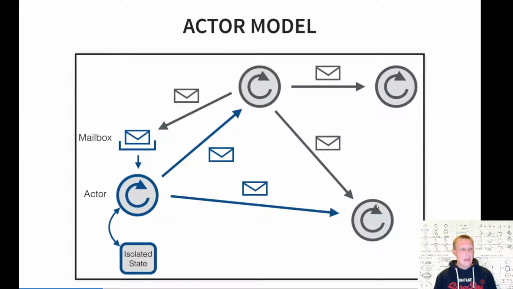Each of these twirly things here are actors, and an actor can send a message to a mailbox, and then another actor will sit there and wait for messages to arrive in its mailbox. As a message arrives, it will pick it off. It will do some computation. It will perhaps have its internal state, and when it's done, it will send off some new messages to some other actor, so maybe reply back to the same actor that sent the message to it, depending on the situation.